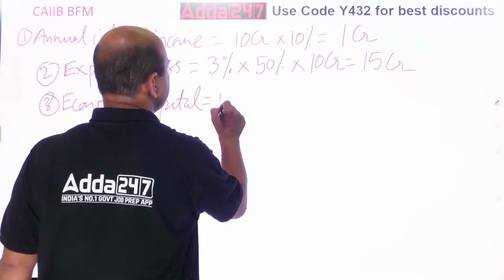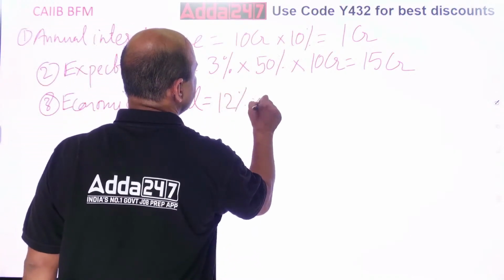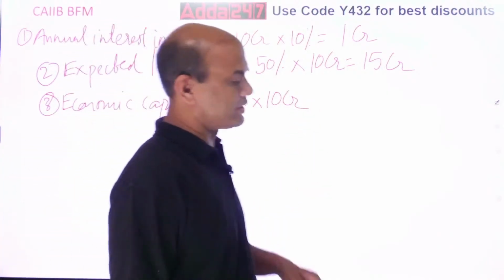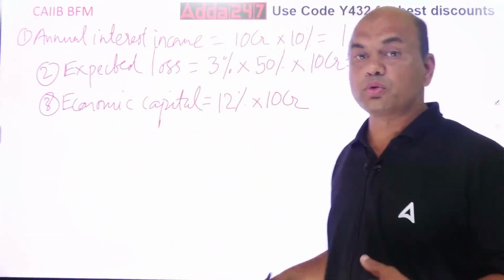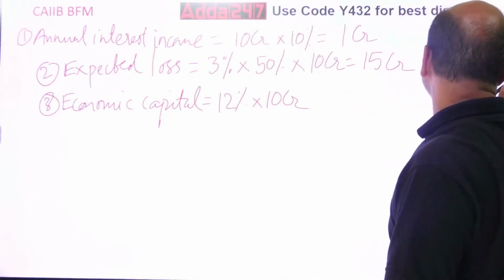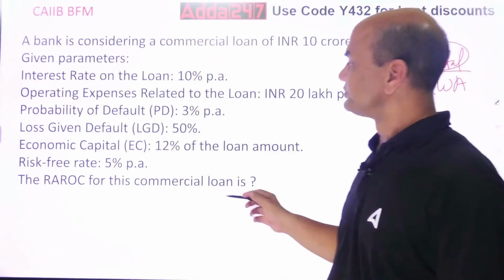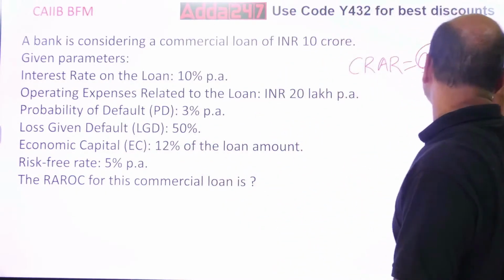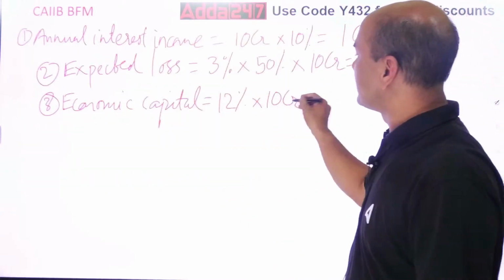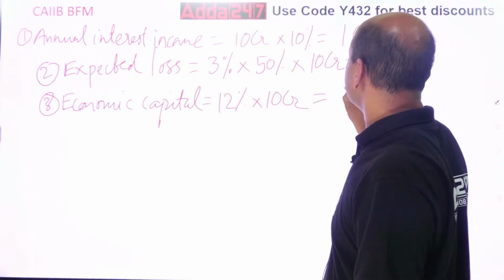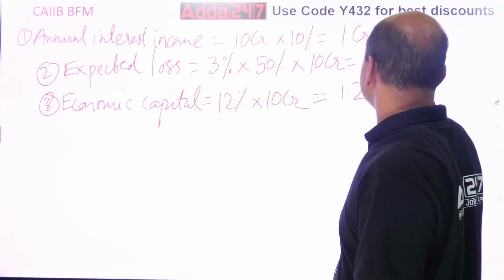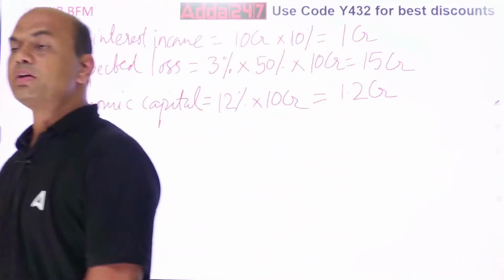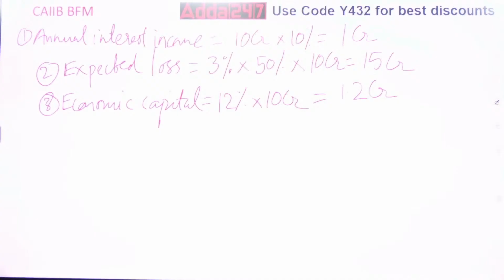Just check the figures, because when we are solving such big numericals, many times you tend to forget the figures. Economic capital is 12%, right, and the loan amount is 10 CR. So what are you getting now? 12% is 1.2 CR. So this is your economic capital.